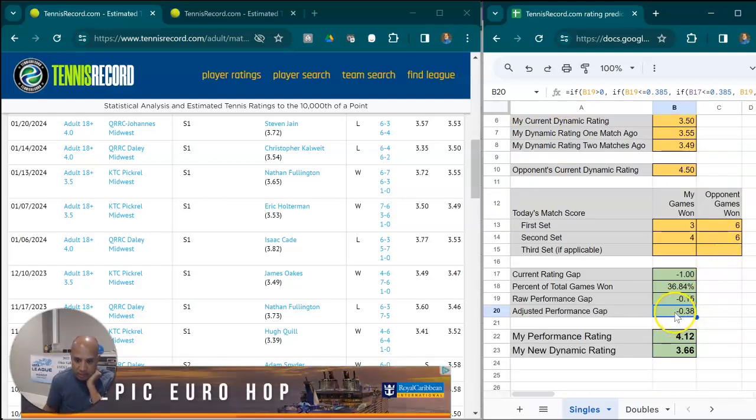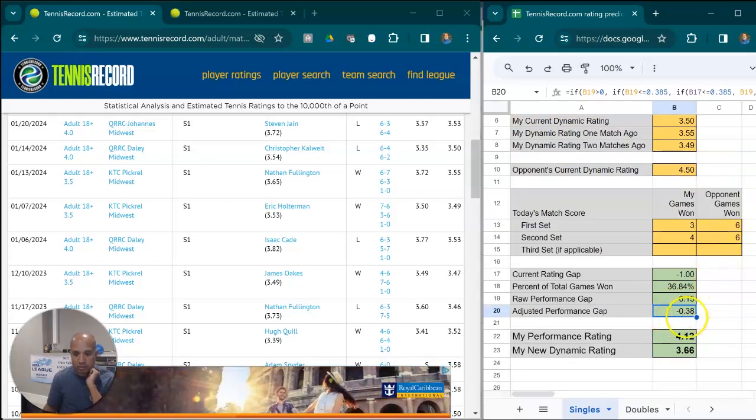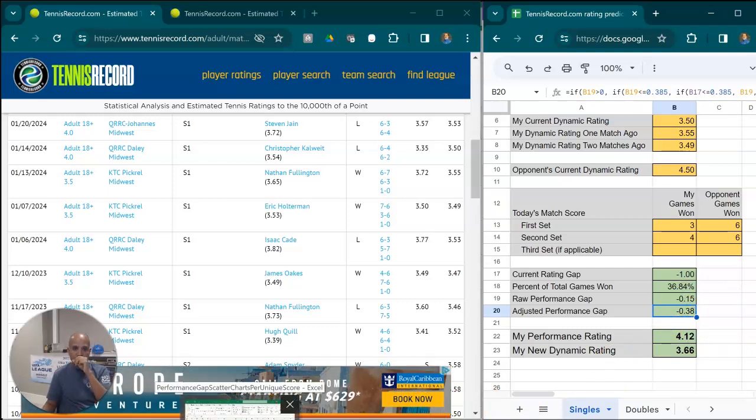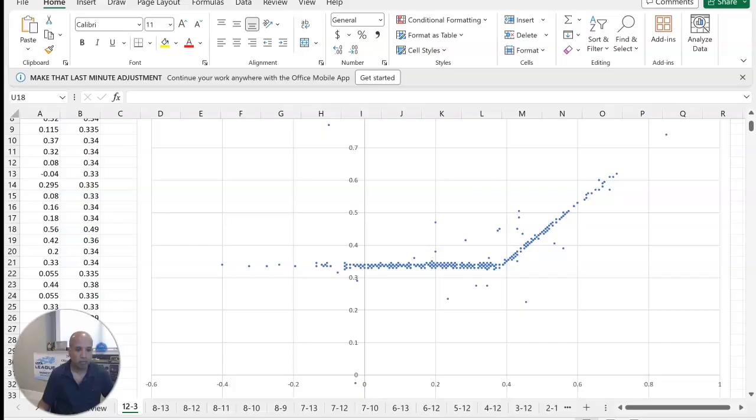So it's actually going to say that Ajay performed 0.38 worse than his opponent instead of the normal 0.15. So let me show you a quick graph that demonstrates this. And again, this is purely based on data that I scraped off of TennisRecord.com.